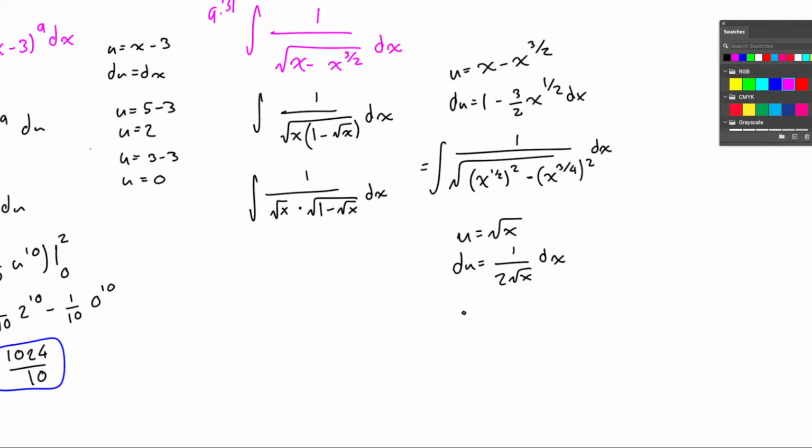Therefore, this becomes 2 du equals 1 over root x dx. This root x is this, which means this can become 1 over square root of 1 minus u du.